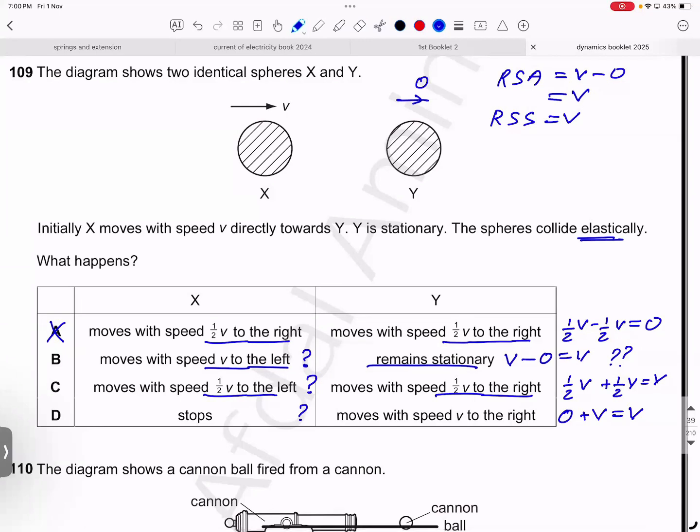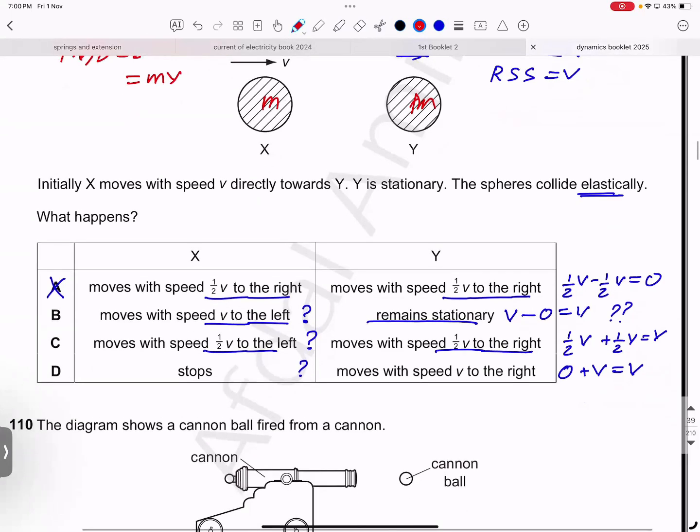So if you are not able to decide which one is right or wrong, use the principle of conservation of momentum. Total momentum before collision. They are identical, so can I take the mass as M? Before, it was M times V plus 0. MV is the momentum.